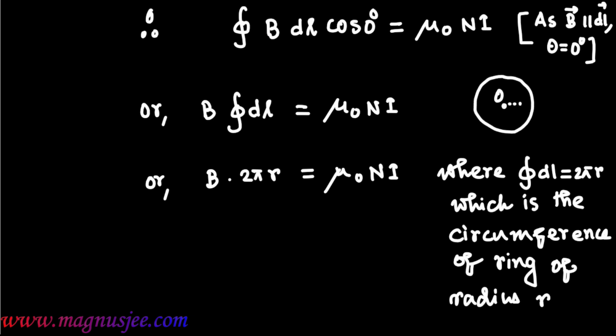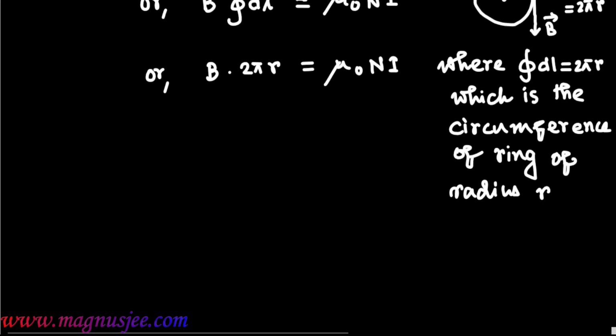So this is the anchor ring or torus, r is the radius, P is a point, and vector B is the magnetic field acting at the point P. And integration dl is equal to 2 pi r, which is the circumference of that ring.